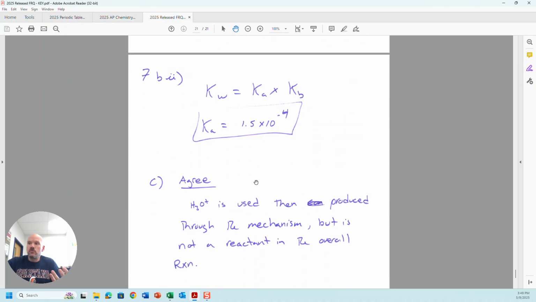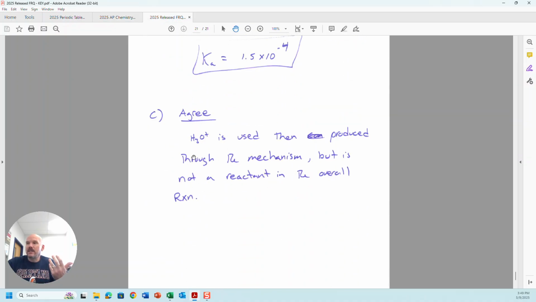Now, to say it in words, the way I would say it is H3O plus is used and then produced through the mechanism, but is not a reactant in the overall reaction. So if something is in the mechanism but it cancels out when you add everything up and it's not part of the overall reaction, it's either an intermediate or a catalyst.